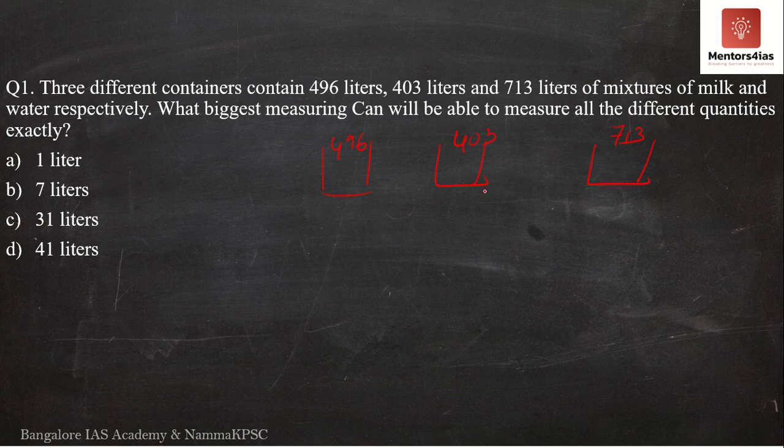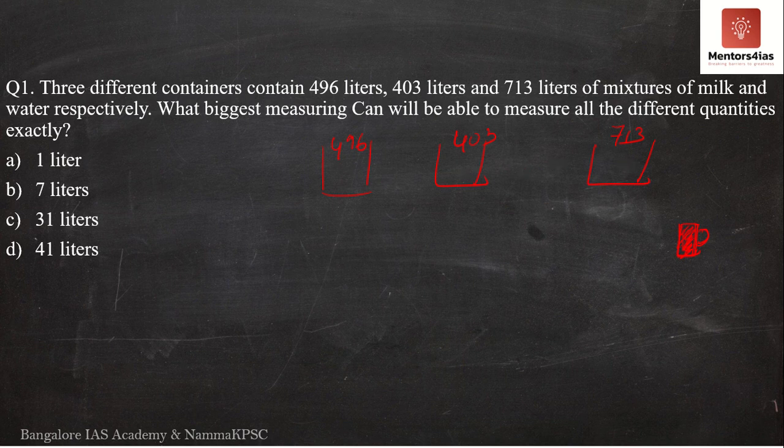Now you need a smaller measuring can, or a measuring beaker for example. What should be the quantity of this small measuring beaker such that it should be able to measure all these 3 containers?